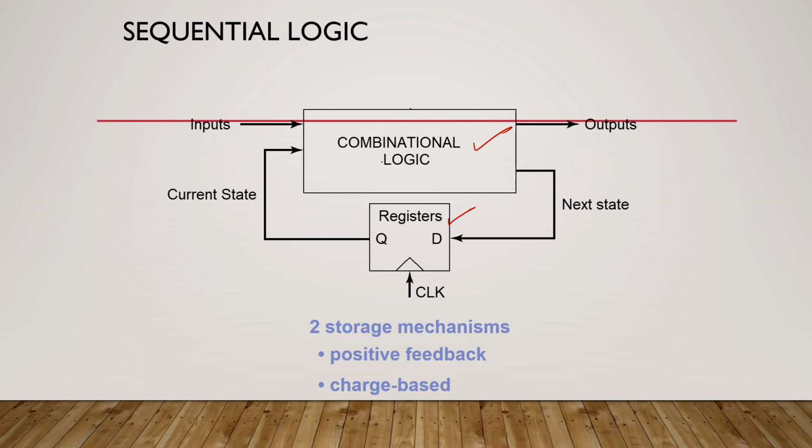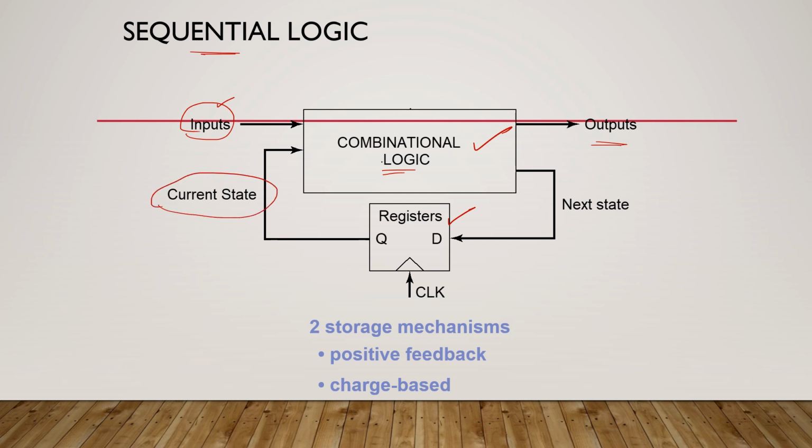A combinational circuit depends only on the present input, right? The output mainly depends on the present input. But in sequential logic design, the output depends on the present input as well as the present state, right?